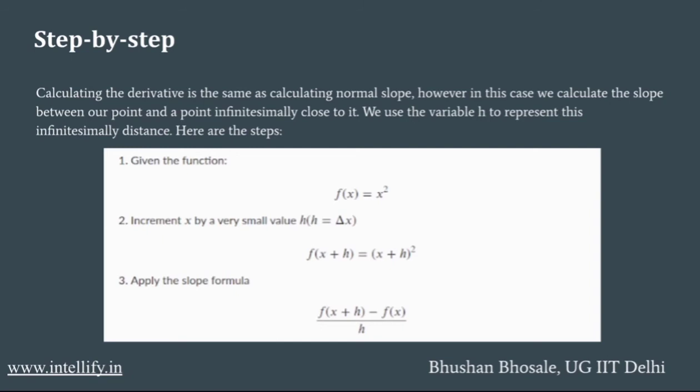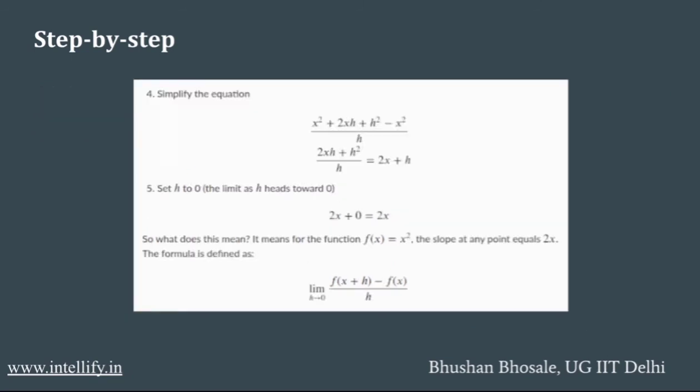Now h gets cancelled, and we get 2x plus h. Now applying the limit as h tends to 0, we just have 2x. So what does that mean? That means the derivative of x square is 2x. The slope at any point equals 2x.